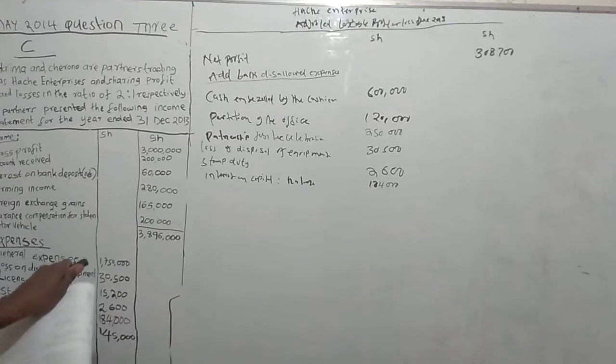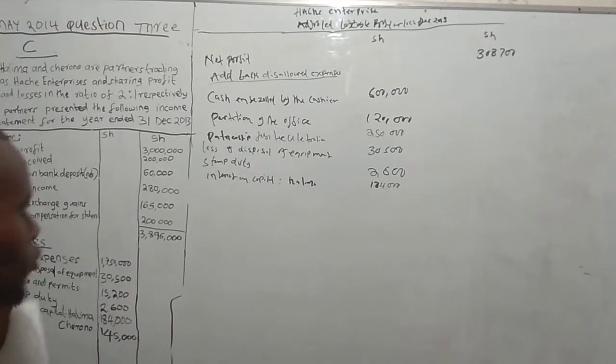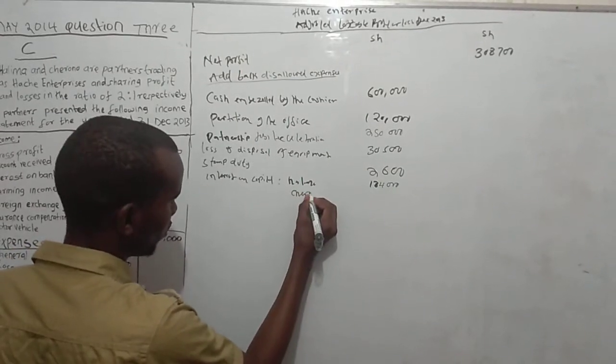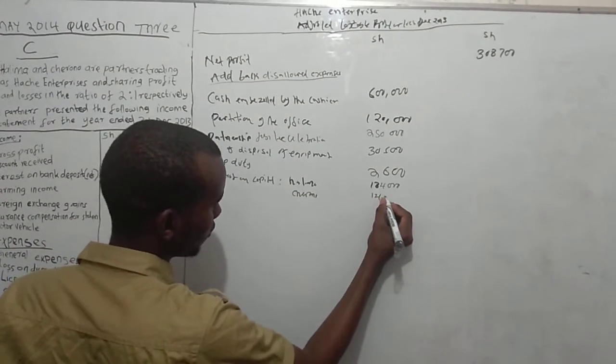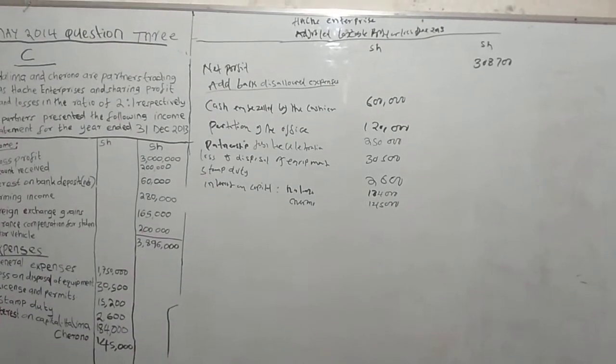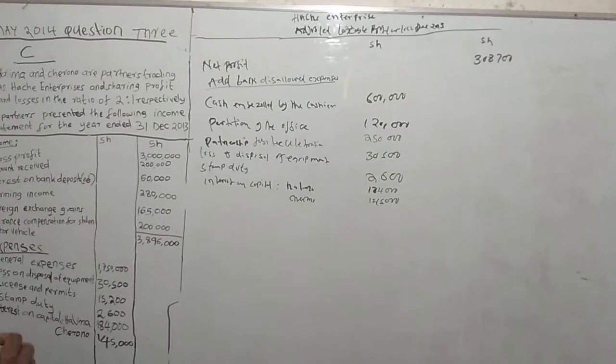Then after Halima, it is Sherono 145,000.